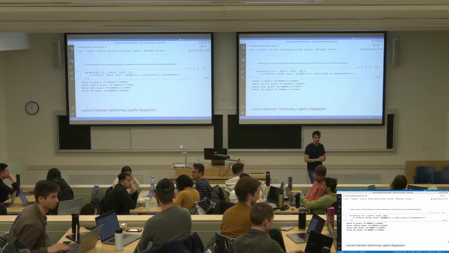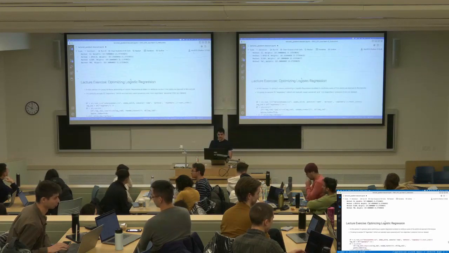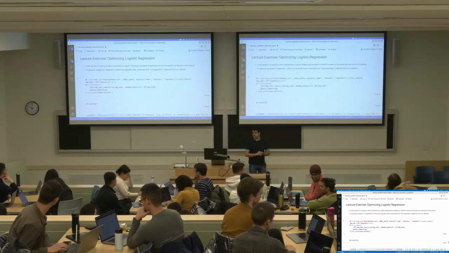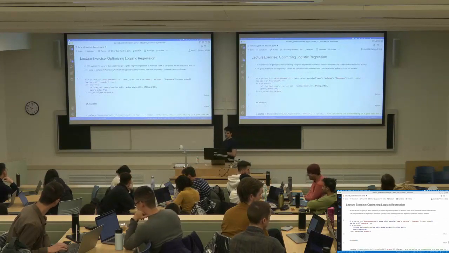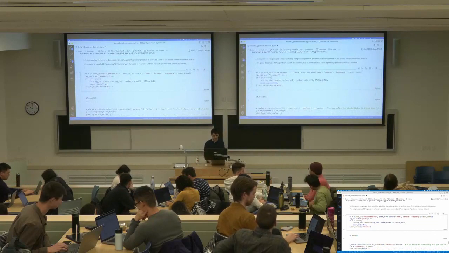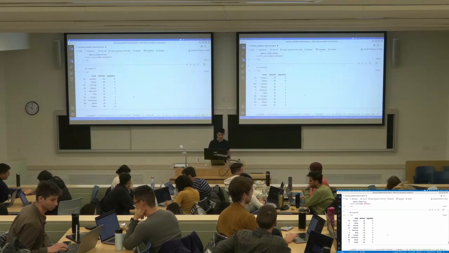Okay, so now let's work on this lecture exercise, optimizing logistic regression. So basically we're working on a logistic regression problem and seeing how that works in the context of gradient descent. Let me show you this Pokemon data set again.